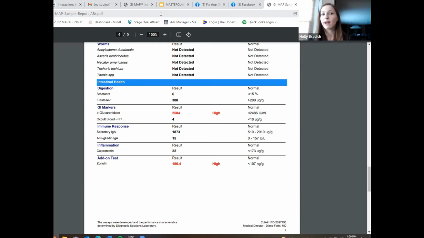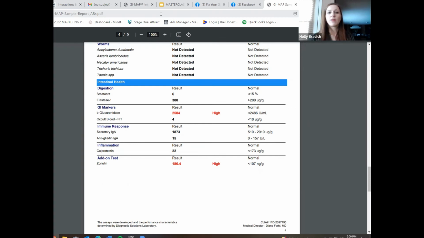So even before I look at a test like this, if I have a client telling me how burnt out they are, that caffeine's not helping, their sleep's not restorative, they're just dragging their butt around all day, I'm going to guarantee that when I see this test, it's going to be low secretory IgA. And that means low gut immunity and low overall immunity. So we really want to see that in a normal, healthy range to keep our immune function high and to keep our gut healthy. This person is within the reference range, so we're all good there.